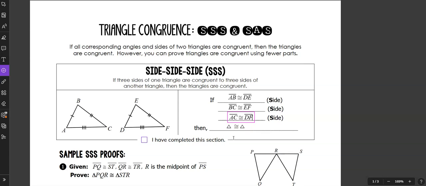Now we need a valid congruent statement. So if we look here, we can follow our path.